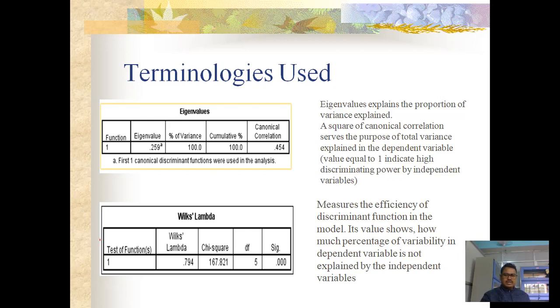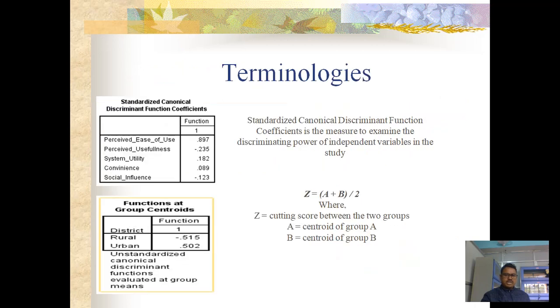Again, we have the interpretation of standardized canonical discriminant function coefficients. These are nothing but the coefficients to examine the discriminating power of the independent variables in the study. In this example, there is a variable called perceived use, and the discriminating power of this particular variable is much higher than any other variable included in the study.